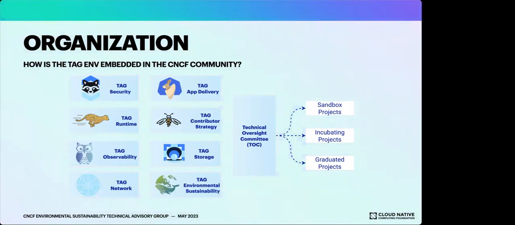Together with the TOC, the Technical Oversight Committee, we build the ecosystem in our field. We work with projects in the way that we see where the needs of the projects are, where this field is going, and so on. And we build standards.